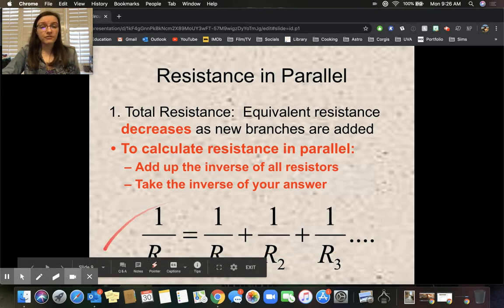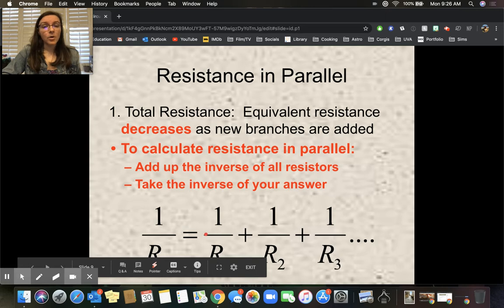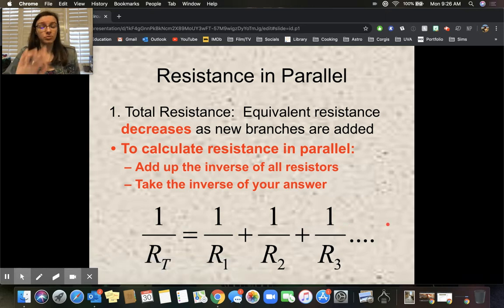So this formula is going to be an important and kind of confusing one because 1 over the total resistance is equal to 1 over R1 plus 1 over R2 plus 1 over R3 and so on. That is not the same as 1 over R1 plus R2 plus R3. You have to have each of them as separate fractions.